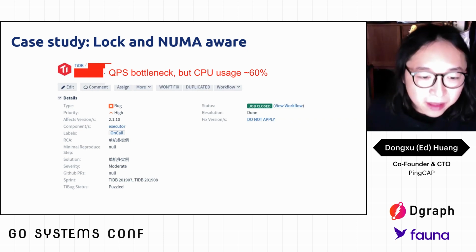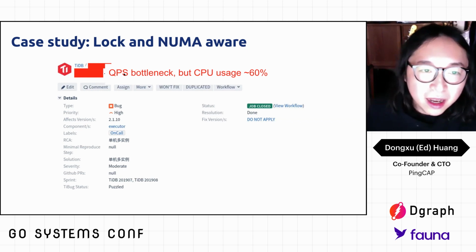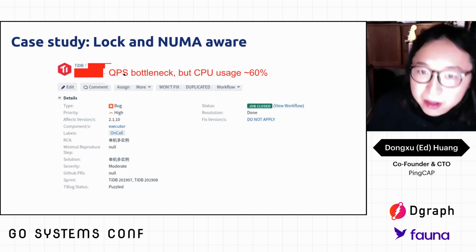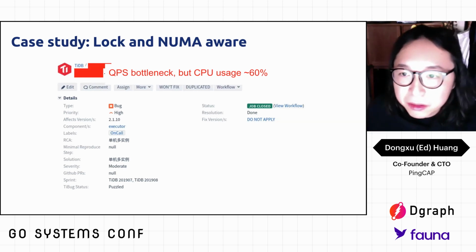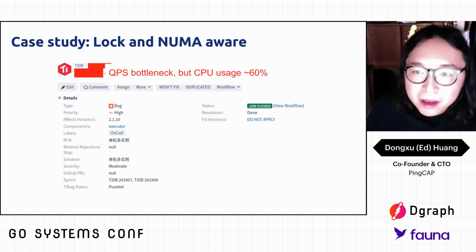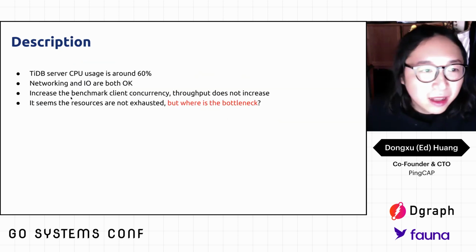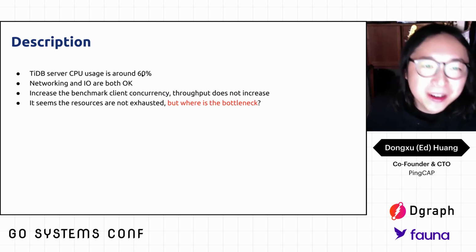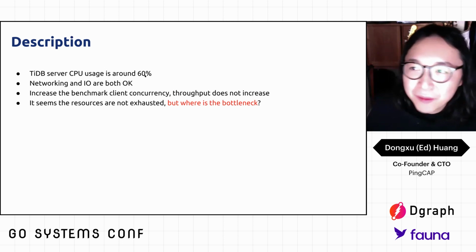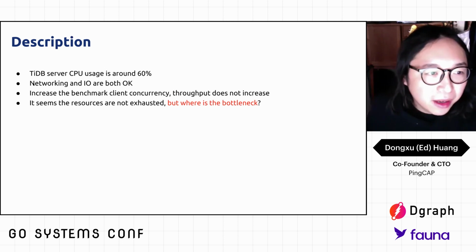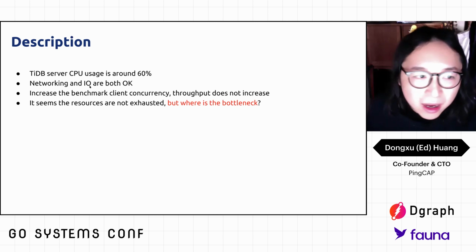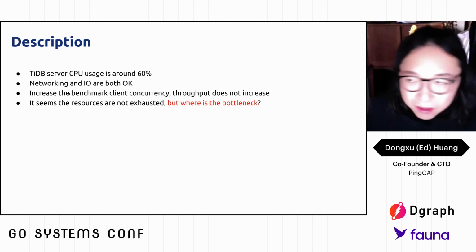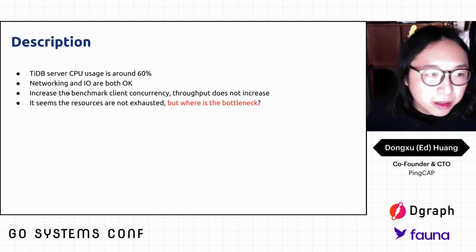Okay, let's take a look at this on-call issue. We met a QPS bottleneck, but we checked the CPU usage and it was only about 60%. Does that sound familiar? The CPU is not well used, and the network and I/O are both okay, not under very high pressure.